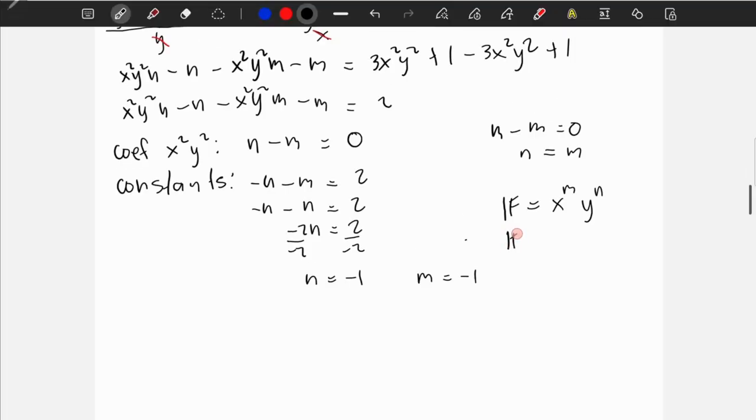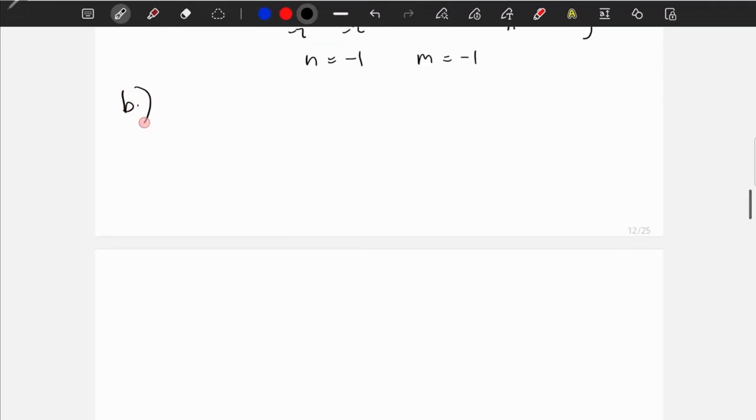So the IF, integrating factor, is x to the power of negative 1, y to the negative 1. Next is to multiply the IF to the given DE.